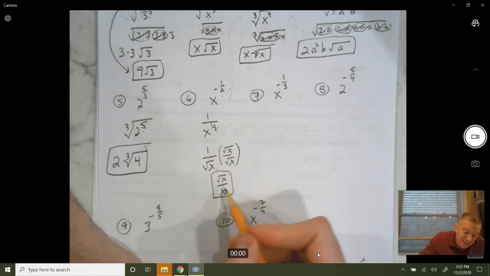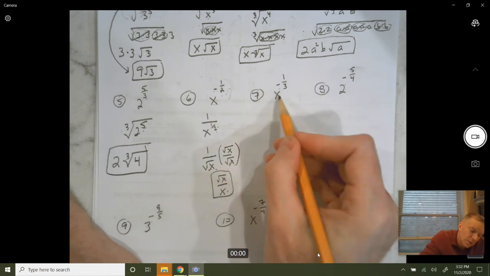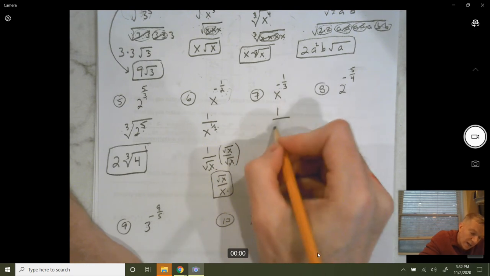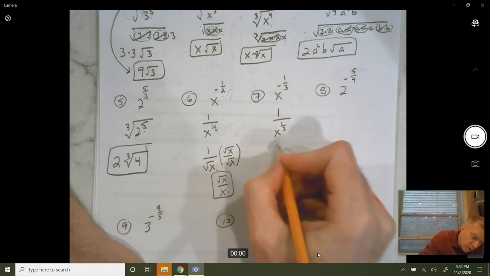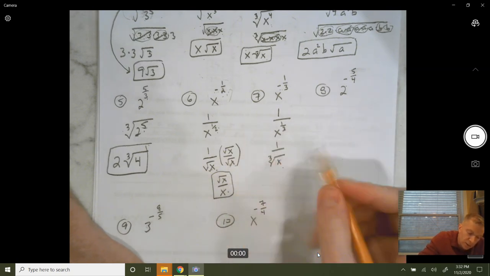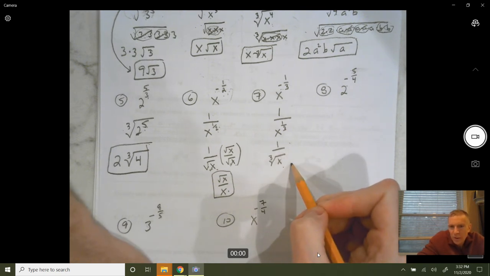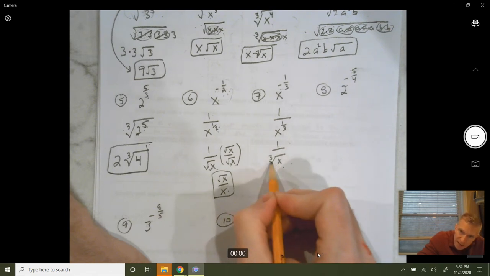Okay, but now we have to think about this. What does that mean when it's a cube root in the bottom? So here we have x to the negative 1/3, or 1 over the x to the positive 1/3, or 1 over the cube root of x. Okay, you might think, oh, multiply by square root of x over square root of x. But that only works for square roots. We need to get rid of the radical in the bottom.